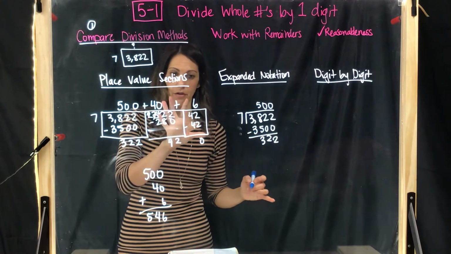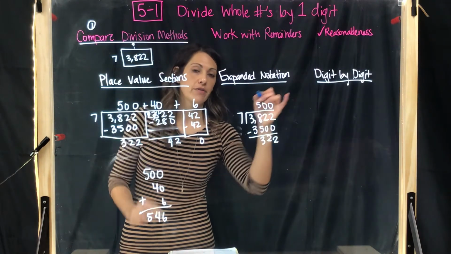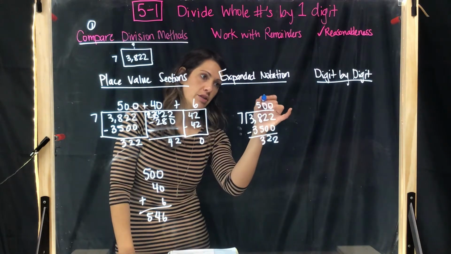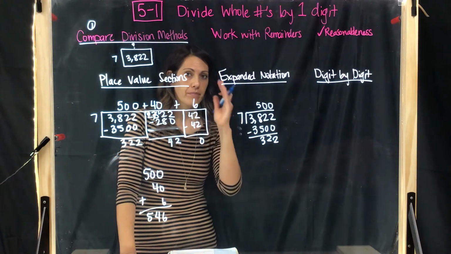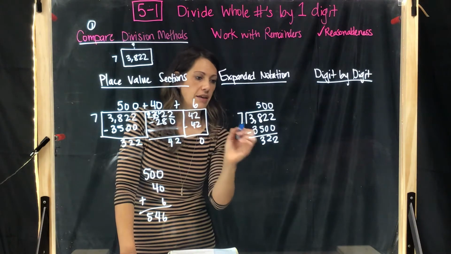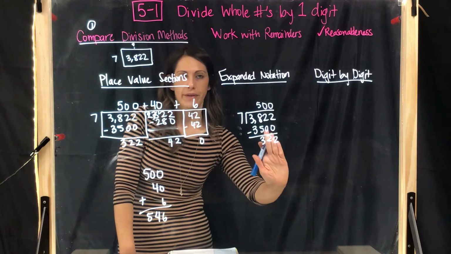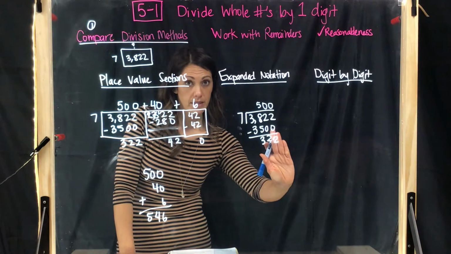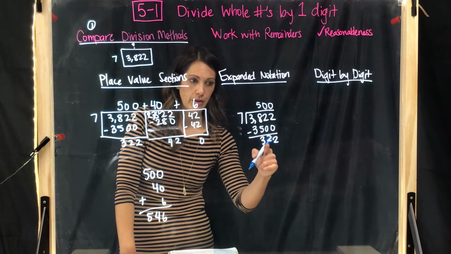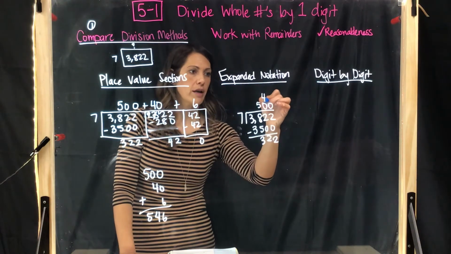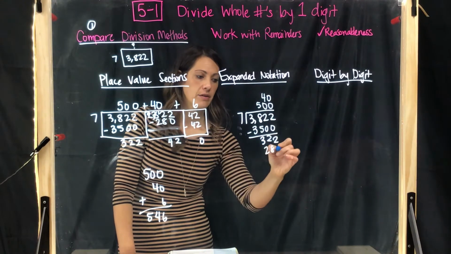But instead of making another box, what I'm going to do is stack the numbers on top. The only trick you have to know here is to make sure that you line up your numbers in the right place value. Okay, so 7 goes into 322. Well, 7 goes into 3, nope. 7 goes into 32 4 times, because 7 times 4 is 28. So if it goes in 4 times to 32, then I'll put a 0 at the end, make it 40. 7 times 4 is 28, and then I'm going to add that 0.